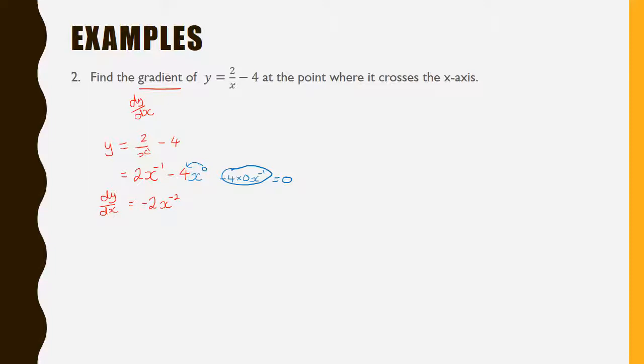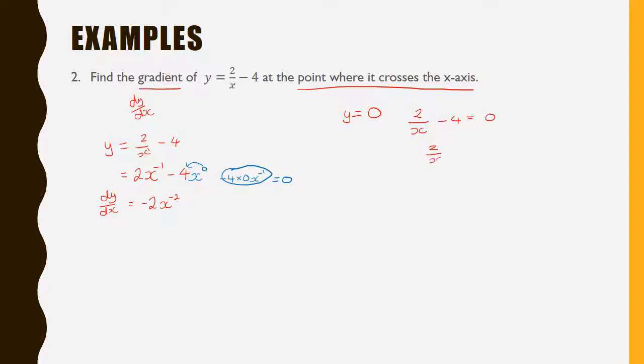But we want to find the gradient, so the value of the gradient at the point where it crosses the x-axis. So I've got to find that out. I know that the value of y is equal to 0 at the x-axis, so I'm finding the x-intercept. So if I substitute this in, I get 2 over x minus 4 equals 0.